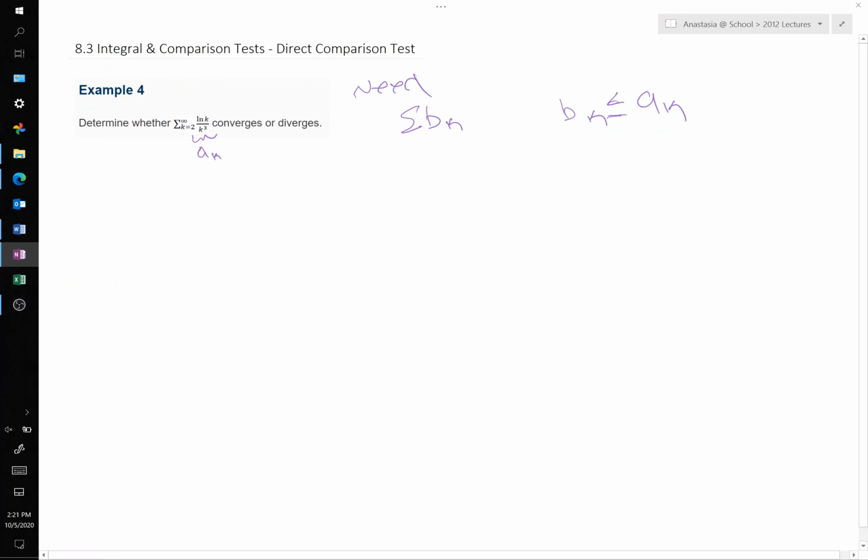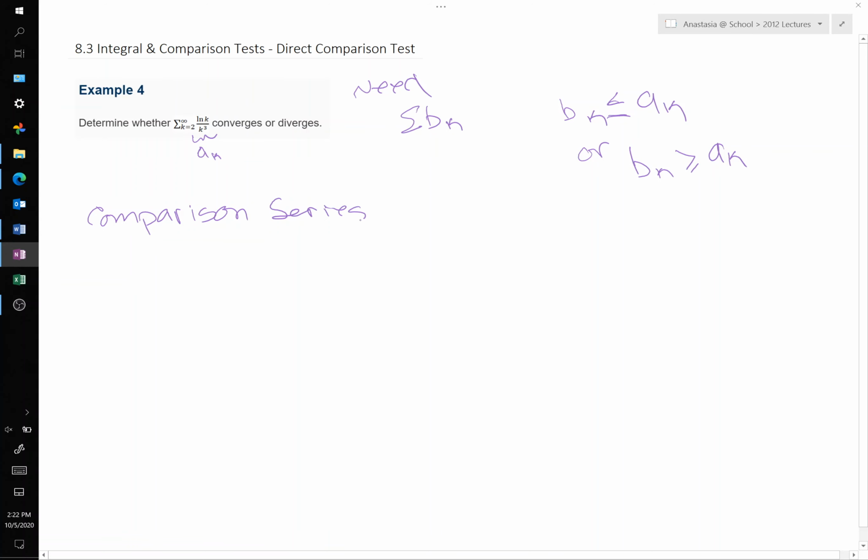So this relationship is something like bk is less than or equal to ak, or maybe we'll get that bk is greater than or equal to ak. And then we're going to look at the end behavior of the series bk, and from there we'll come to a conclusion about our original series ak. But we first need to come up with what the comparison series is.